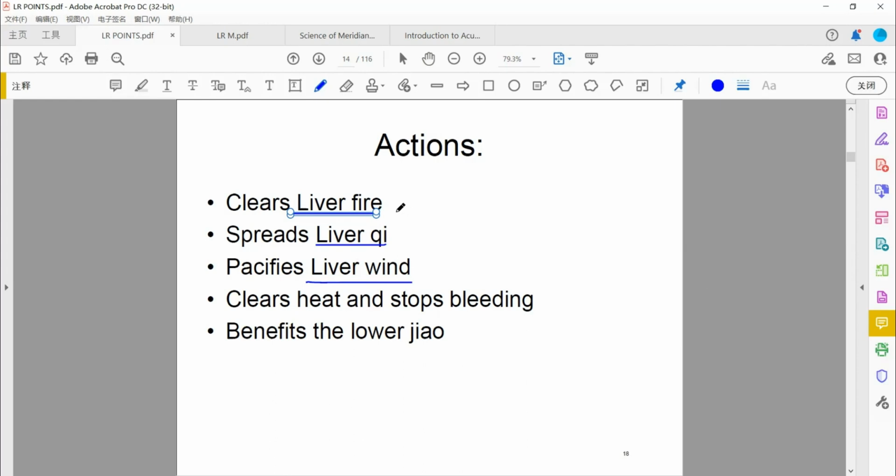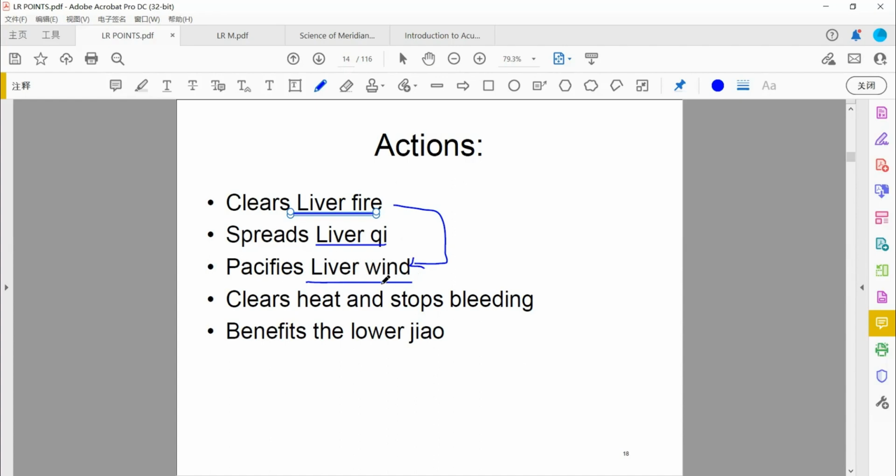For this one, it could be liver fire. Liver fire causes the liver wind, or liver yin deficiency will have a liver wind. So they will have different manifestations, but when you see shaking, tremor, convulsion, that means liver wind.